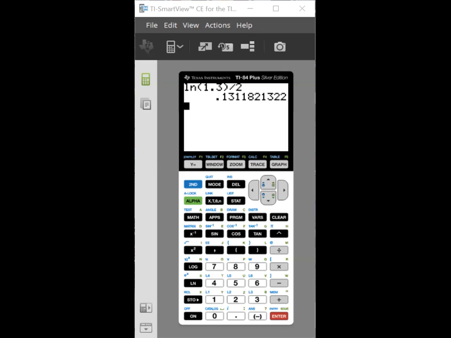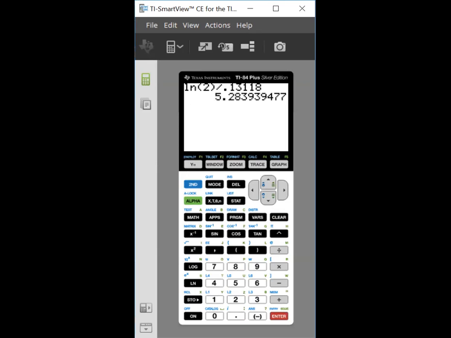Put it in the calculator. I'm going to share the calculator screen one more time. Type in the natural log of 2, close it, and then divide by 0.13118.